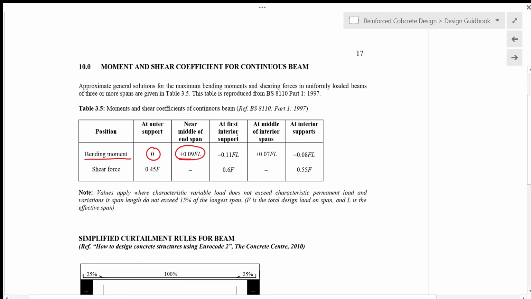At the first interior support, we have a negative moment of 0.11 FL. Near the middle of interior spans, we have positive moment of 0.07 FL. And at the interior supports, we have negative moment of 0.08 FL.